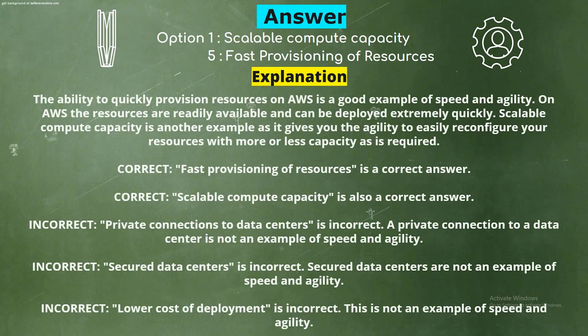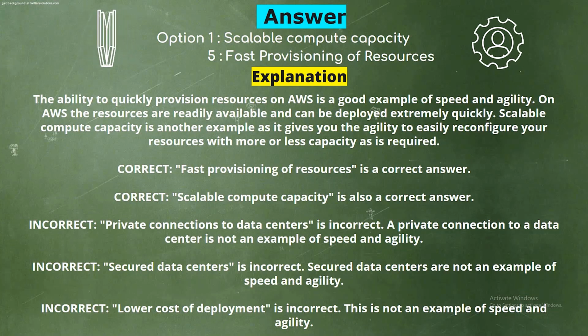The ability to quickly provision resources on AWS is a good example of speed and agility. On AWS, the resources are readily available and can be deployed extremely quickly. Scalable compute capacity is another example, as it gives you the agility to easily reconfigure your resources with more or less capacity as is required. Correct. Fast provisioning of resources is a correct answer. Correct.